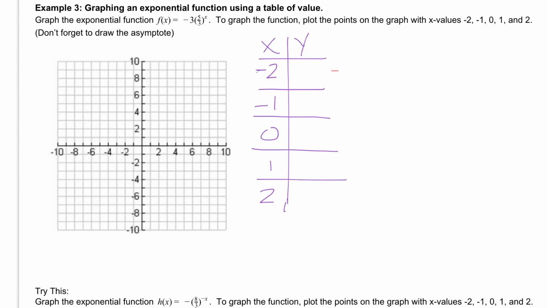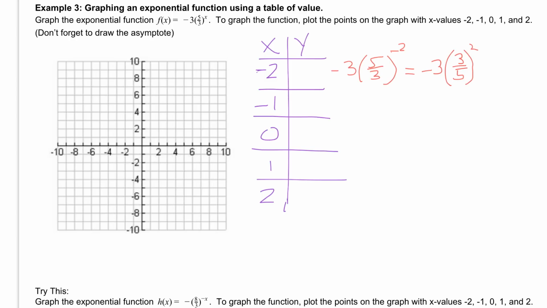We take negative 3 times 5/3, and we are raising that to the negative 2. To solve that, the first thing we have to do is make that exponent, this negative 2, a positive. To make that a positive, these two switch spots. So we get negative 3 times 3 over 5 raised to the second power.